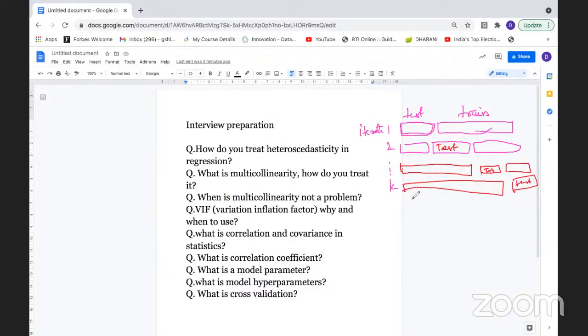So when it completes all the iterations, training is given on all the data so that you will solve the problem of overfitting. Right? So this is what happens in cross validation.